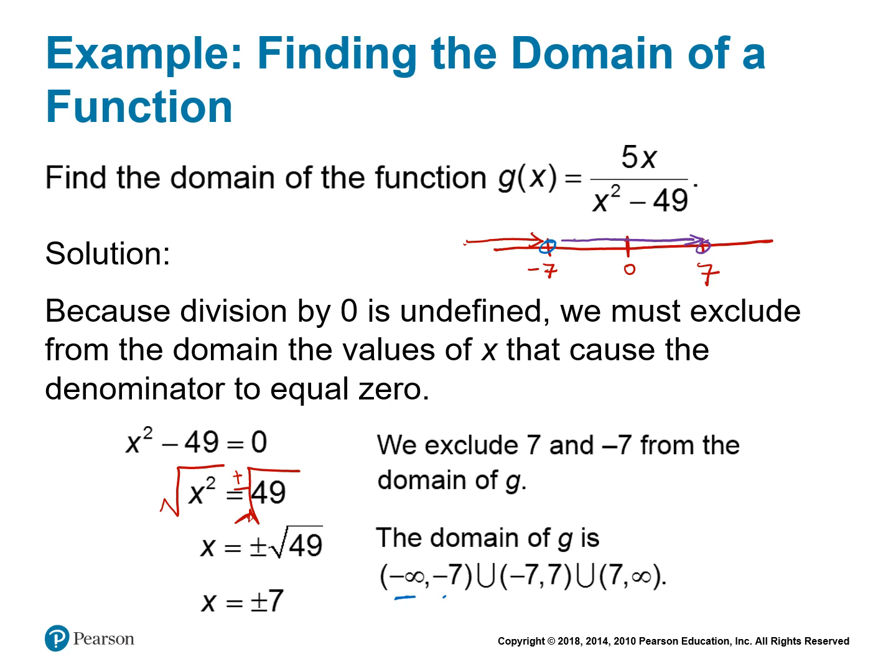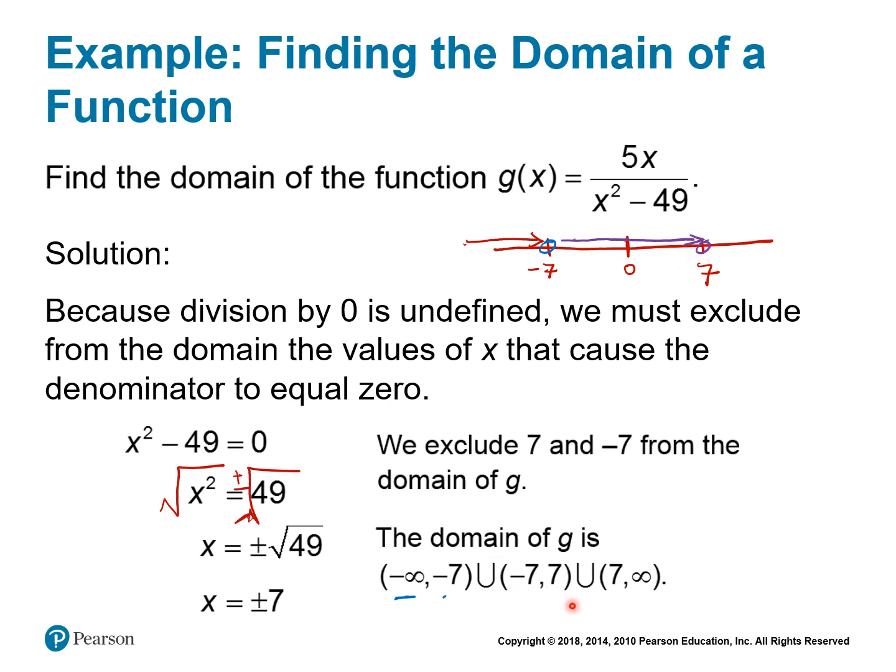So the way we write it is, we start from negative infinity to negative 7, and then union, again round bracket suggests that negative 7 is being excluded, but then we can start immediately with the closest value to the right of negative 7, and go all the way to positive 7, but we cannot touch 7.